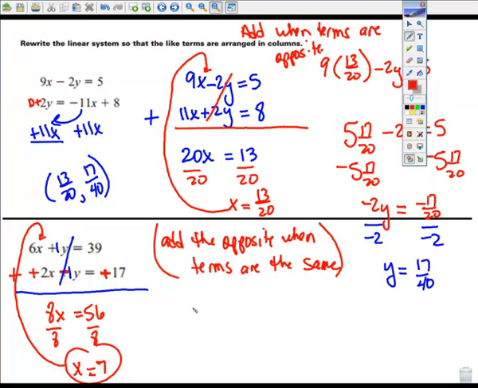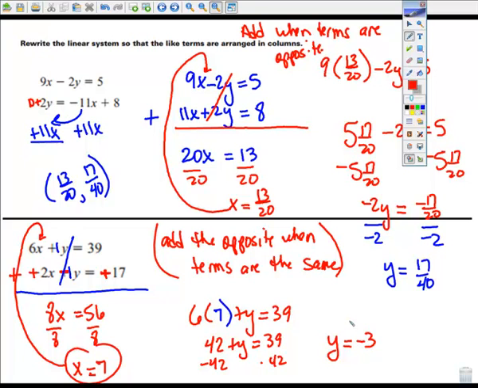Again, I like to put it in the top usually. So I have 6 times 7, since I found my x was 7, plus y equals 39. So 6 times 7 is 42, plus y equals 39. I'll subtract the 42, and y equals negative 3. So my ordered pair is 7, negative 3.